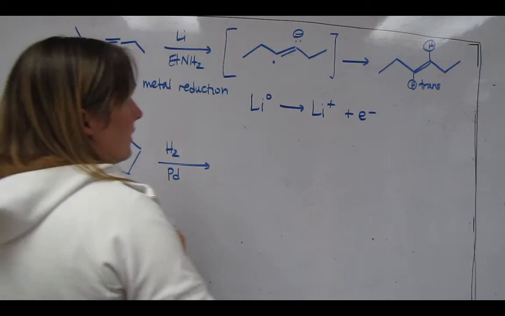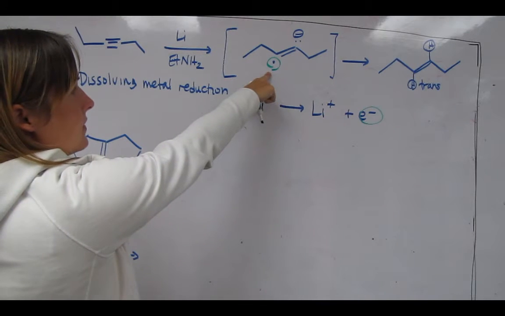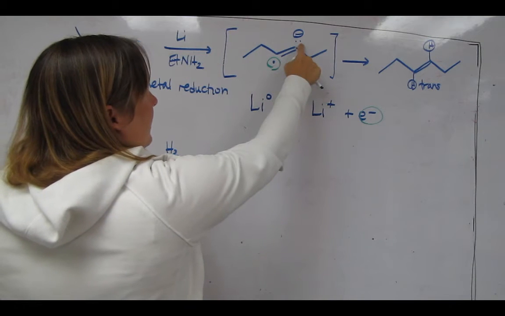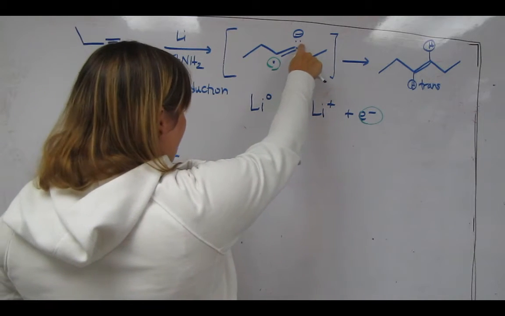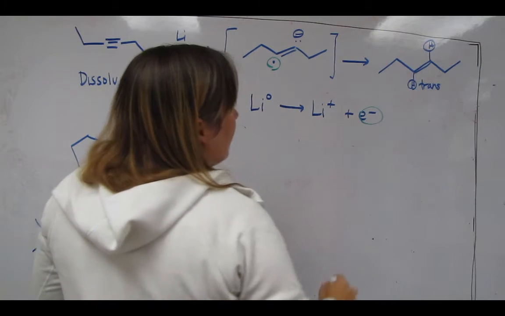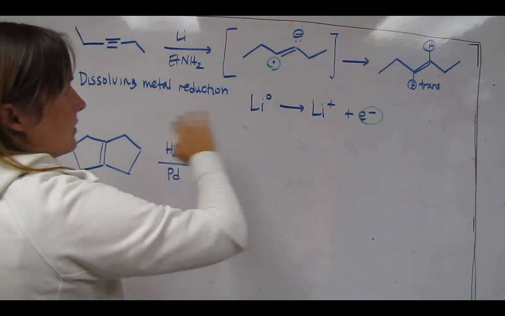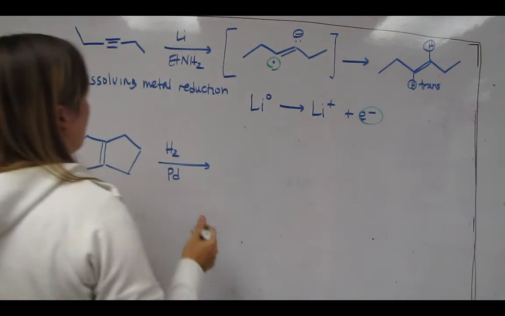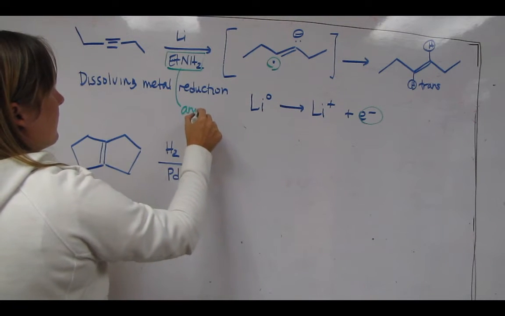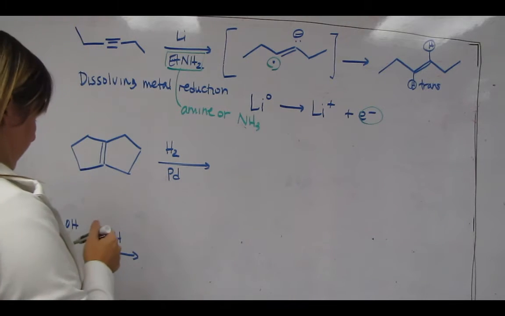And this electron is what's added to the molecule, and that reduces your alkyne, causing a trans arrangement, which results in your trans-alkene. So you should know that if you have an alkyne plus dissolving metal conditions, you'll get the trans-alkene, and the solvent here is going to be an amine or ammonia, just NH3.